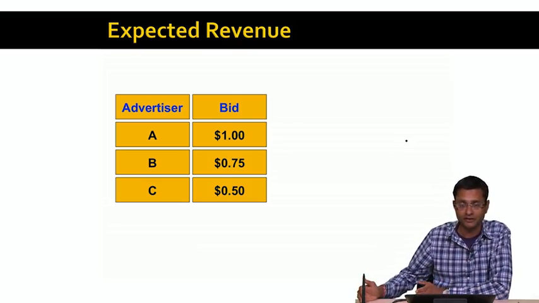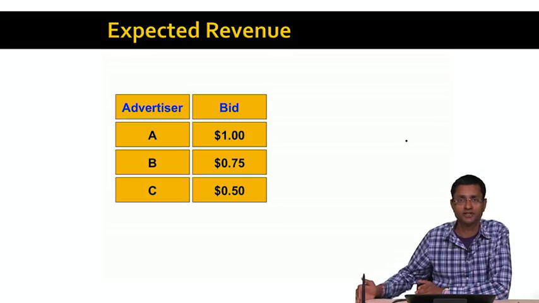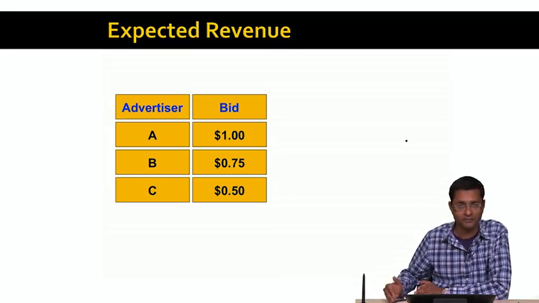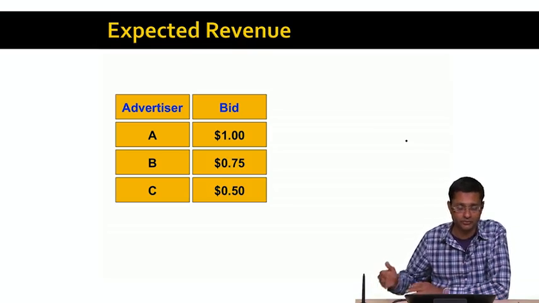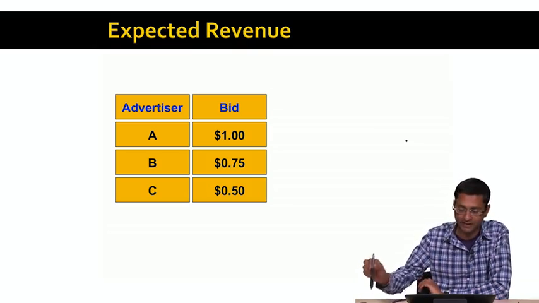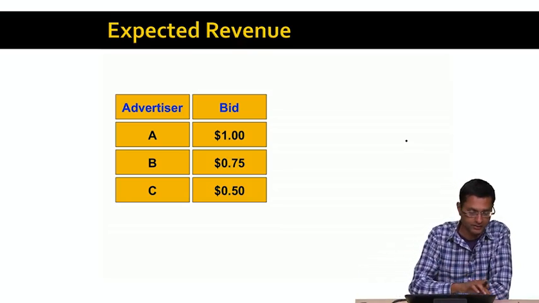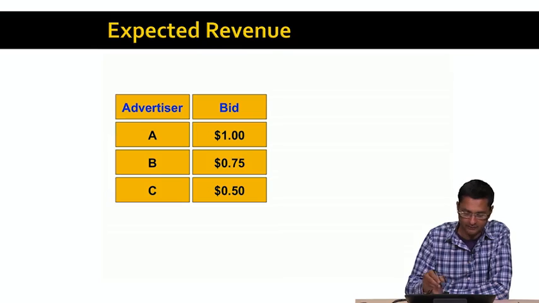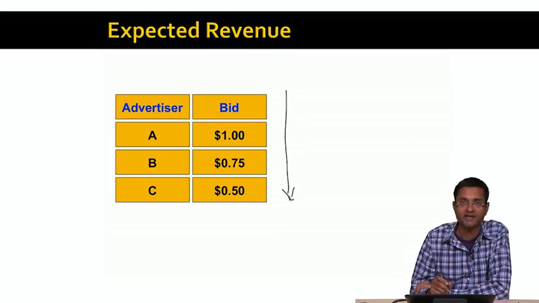So the simple heuristic that Overture used when they first introduced performance-based advertising was to just show the ad from the highest paying advertiser. They used to sort advertisers by bid, as shown here, from top to bottom. So advertiser A has the highest bid, advertiser B has the second highest bid, and advertiser C has the third highest bid.